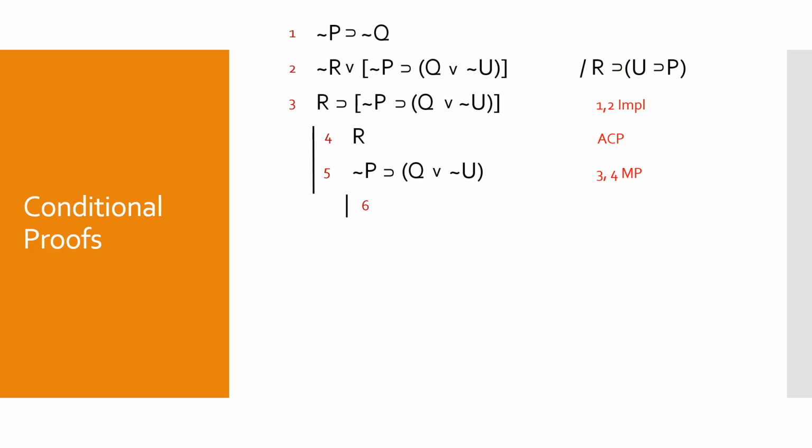And an immediate option for us is that we can try to use a second conditional proof within this original conditional proof, and then we can work from various conditional statements to try to derive some sort of implication.